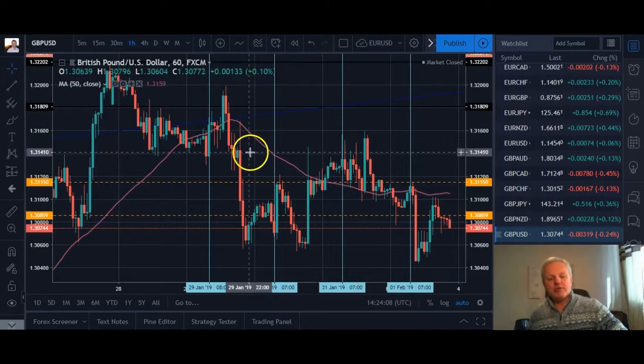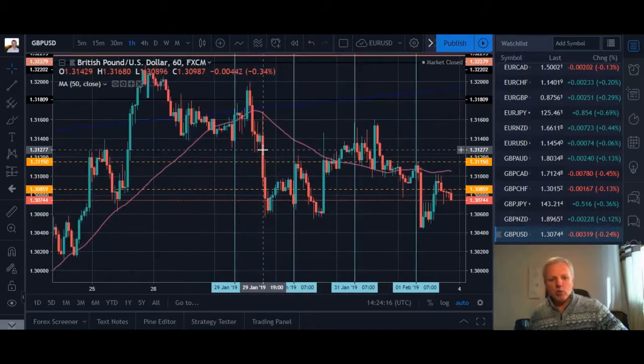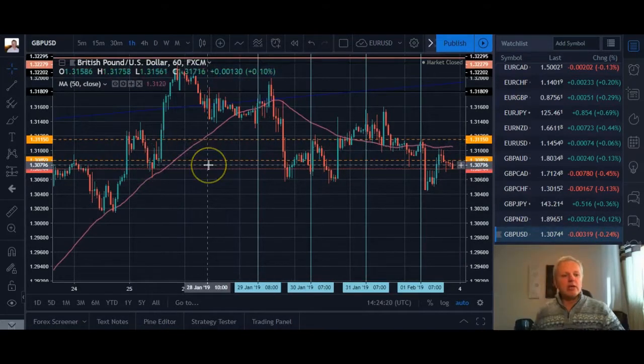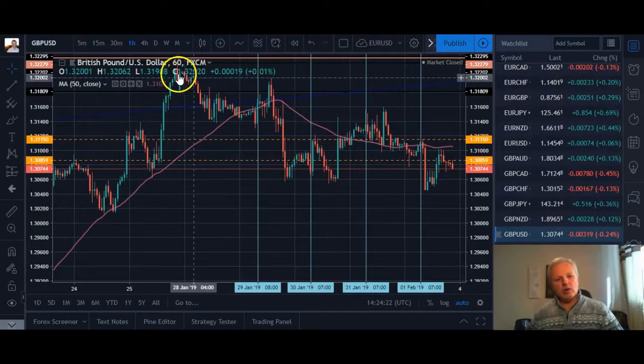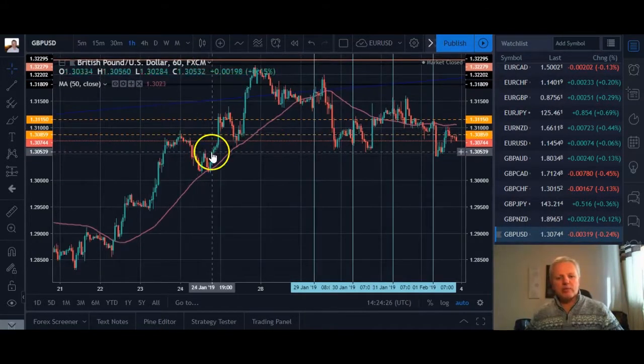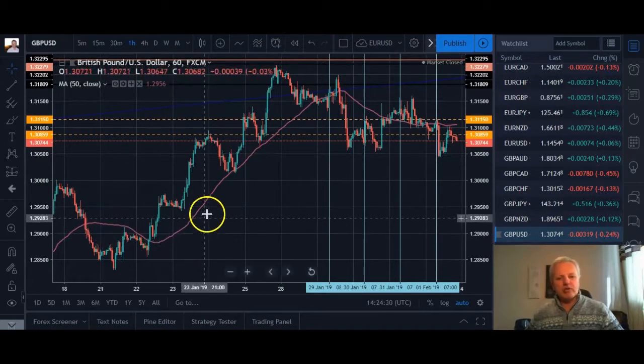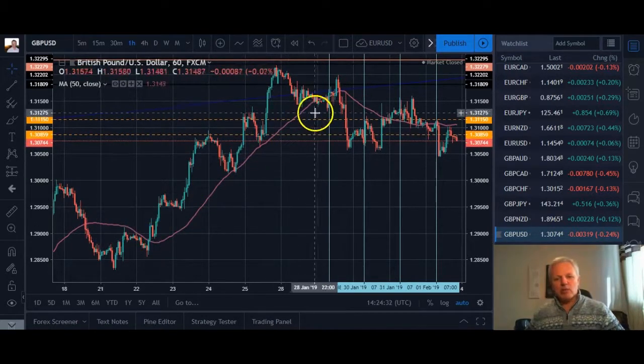So basically what we do first is we have to determine whether the trend of the trade is going up or going down. So we look on the hourly timeframe and we zoom out to see the bigger picture, and as you can see, this is the 50 moving average line, and this is the line we use to determine the trend of the trade.